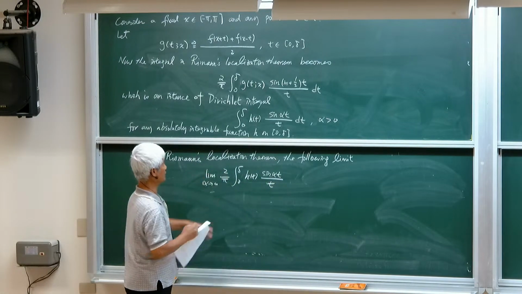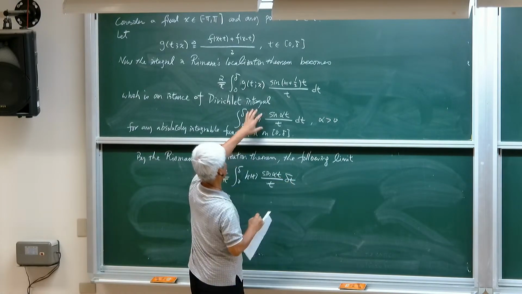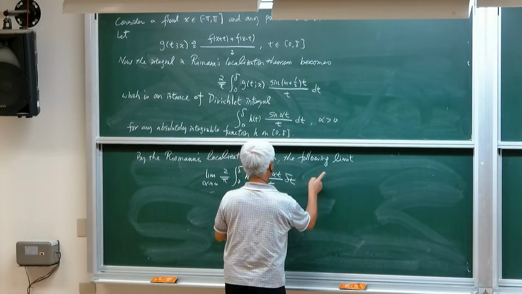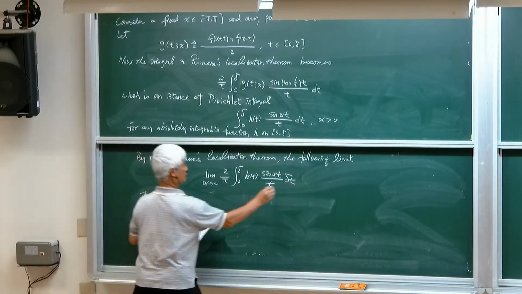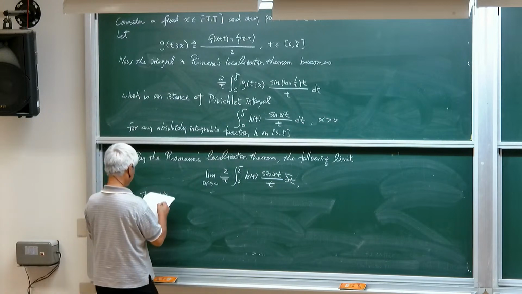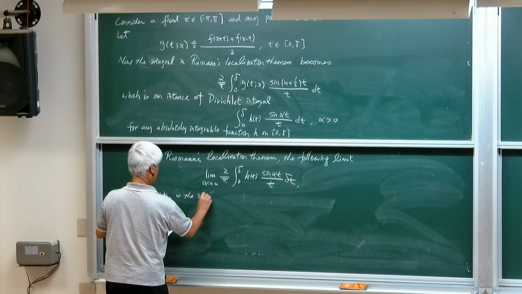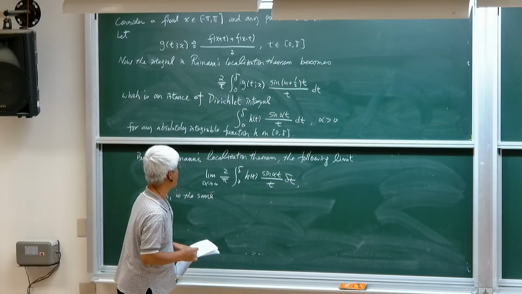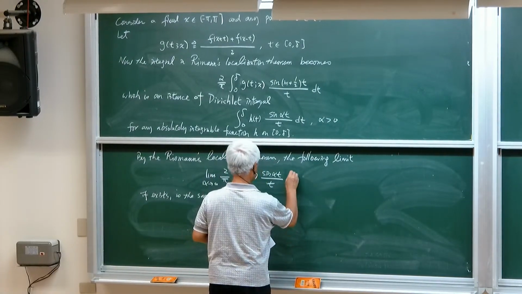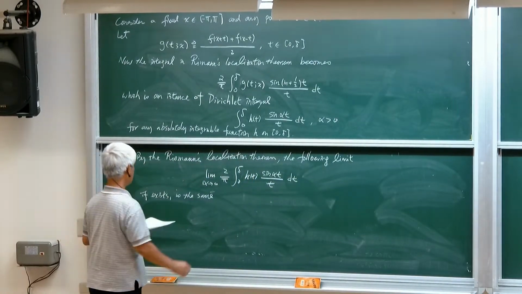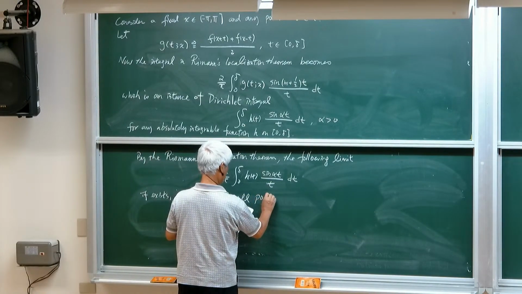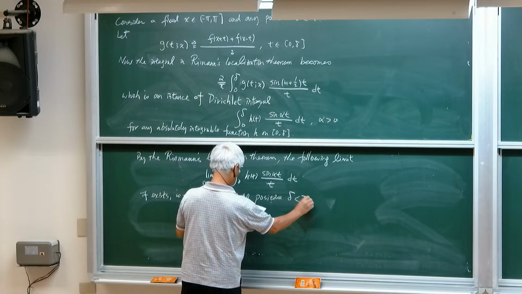So if we want to evaluate this limit, the Dirichlet integral as alpha goes to infinity, then the following limit, if it exists, this limit may not exist, but if it exists, it's the same for all positive delta less than pi.